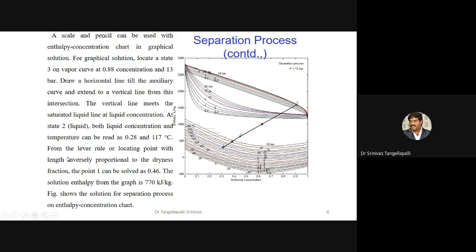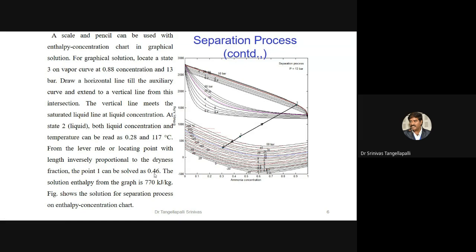Now, from the lever rule, locating the point with length inversely proportional to the dryness fraction, point 1 can be solved. After locating point 1, you may read the mixture concentration. Your mixture concentration is showing 0.46.